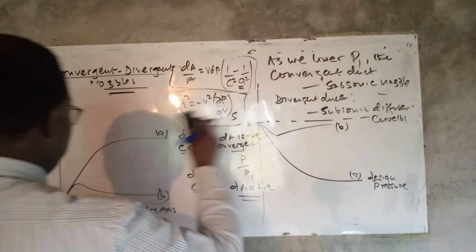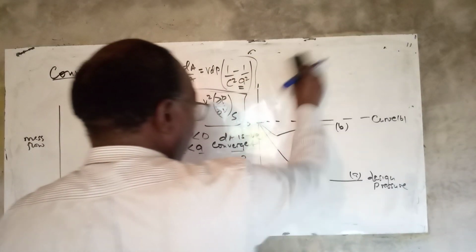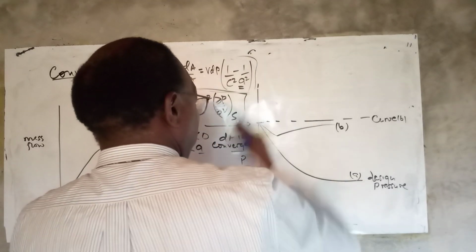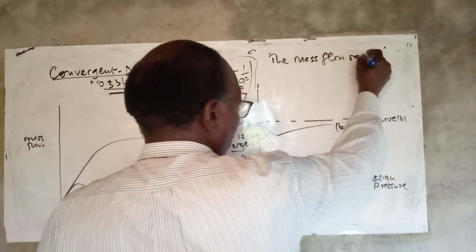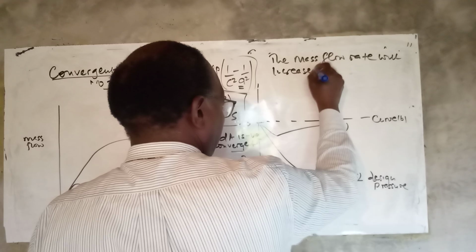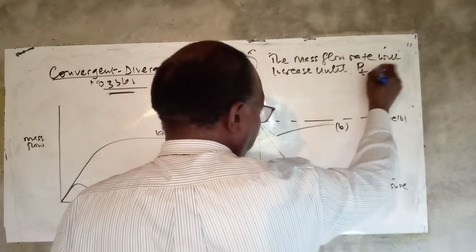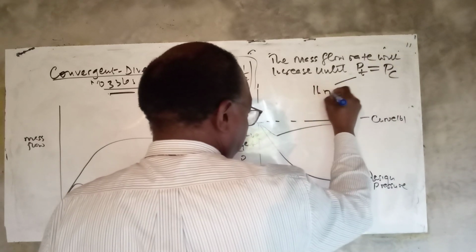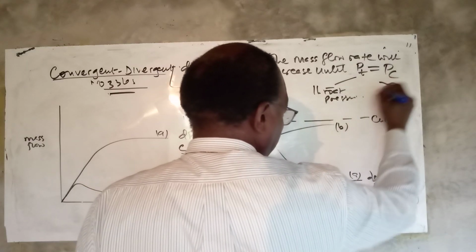So we are saying that the mass flow rate will increase until when the throat pressure equals the critical pressure. That is throat pressure. That is critical pressure.